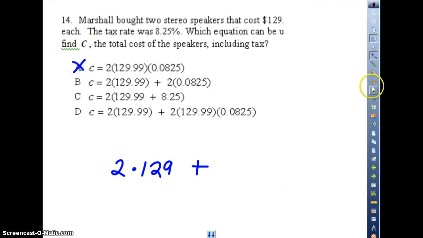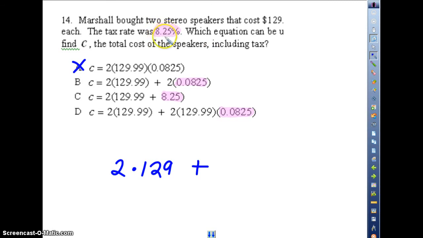All right. Let's see if we can find in these equations what looks like this tax percent of 8.25%. We crossed that one off. This says 0.0825. This says 8.25, and this one says 0.0825. Okay, well, let me tell you something. A percent always means out of 100.